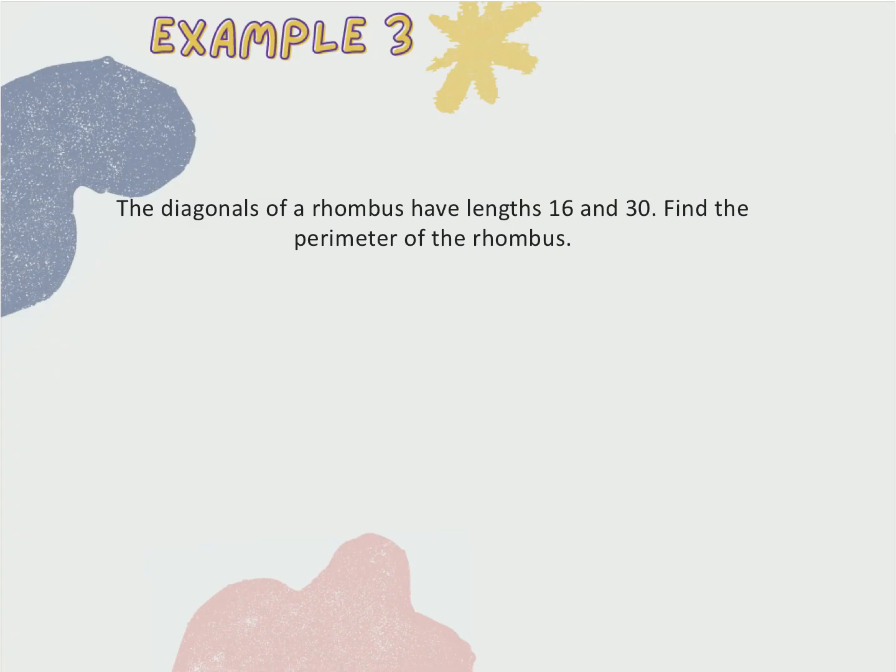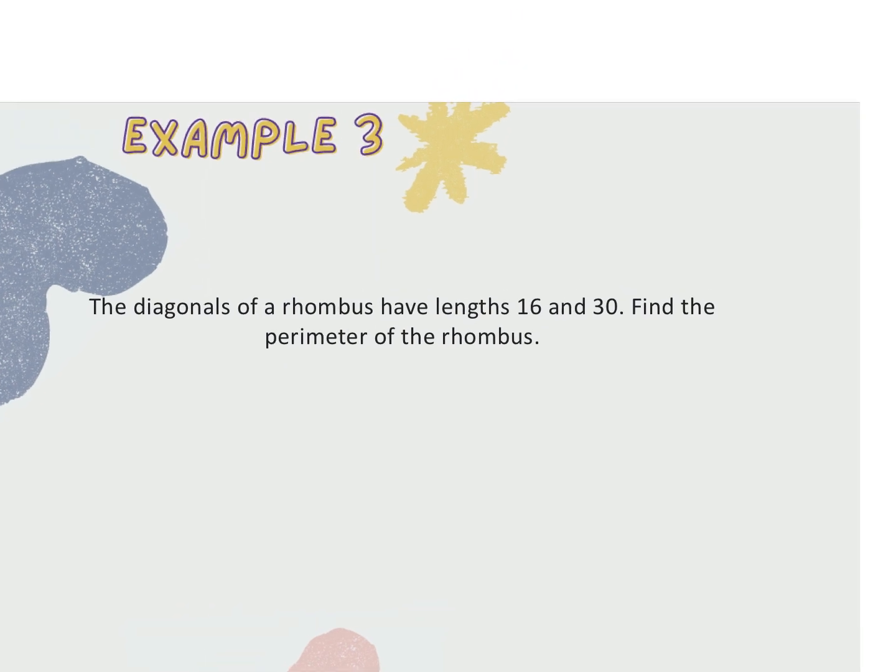All right, looking at example number 3, the diagonals of a rhombus have lengths 16 and 30. Find the perimeter of the rhombus. So a rhombus, draw your rhombus. All right, here's my rhombus.